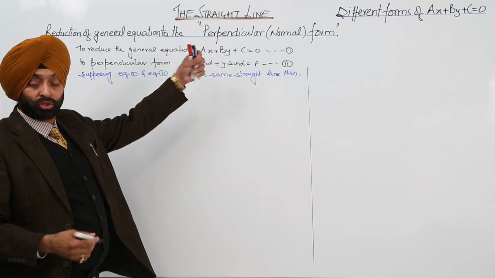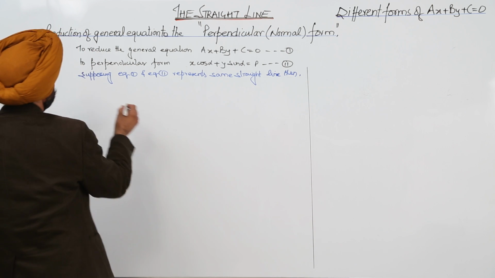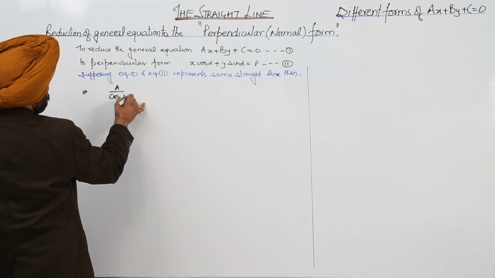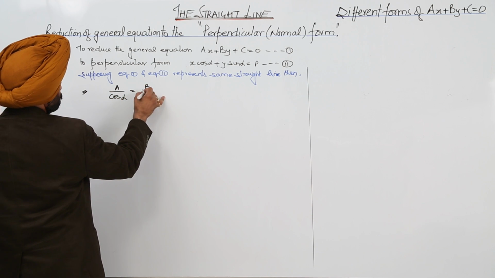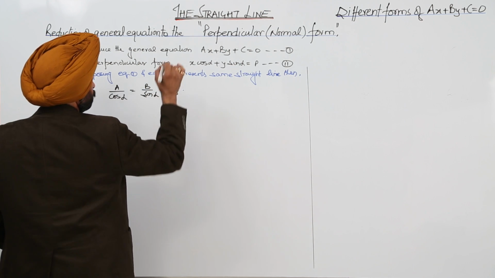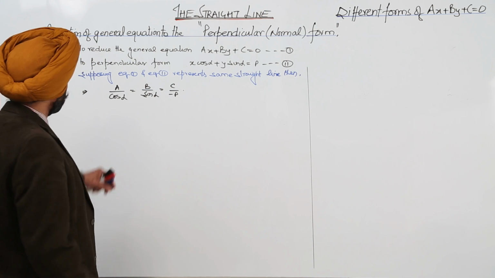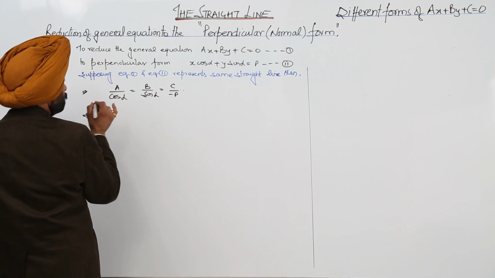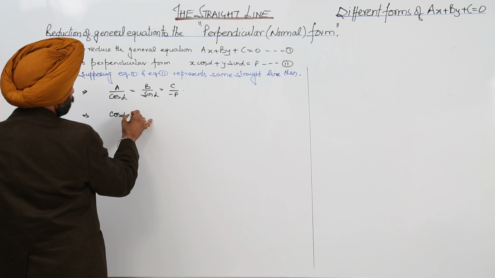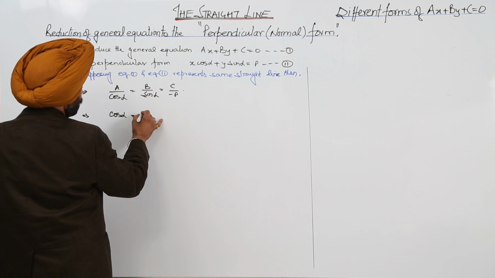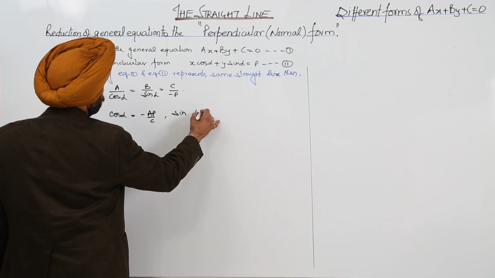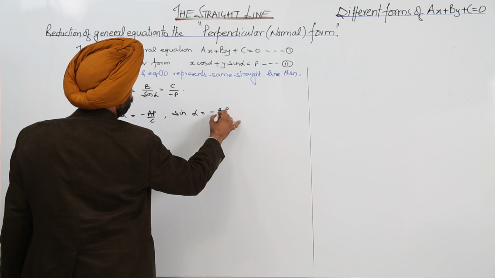So we will be having a upon cos alpha is equal to b upon sin alpha is equal to c upon negative of p. From here we will be having cos alpha is equal to negative of ap upon c and sin alpha is equal to negative of bp upon c.